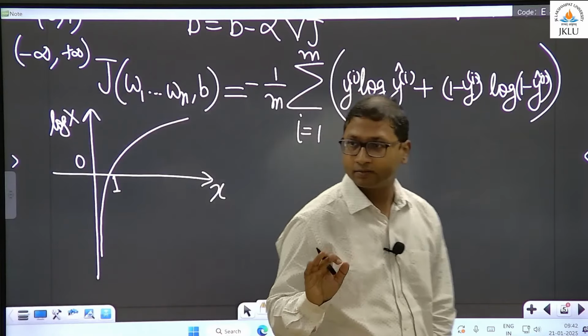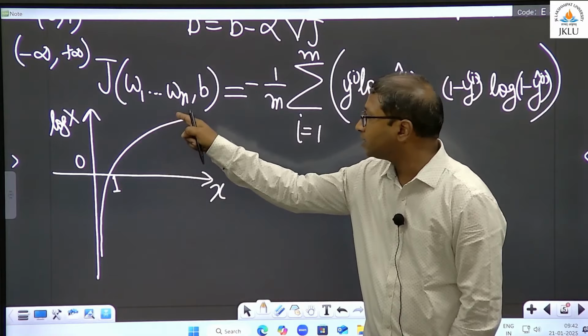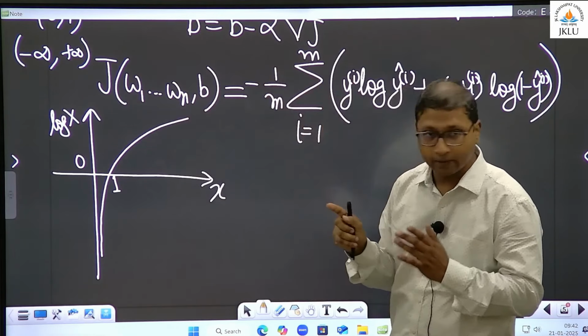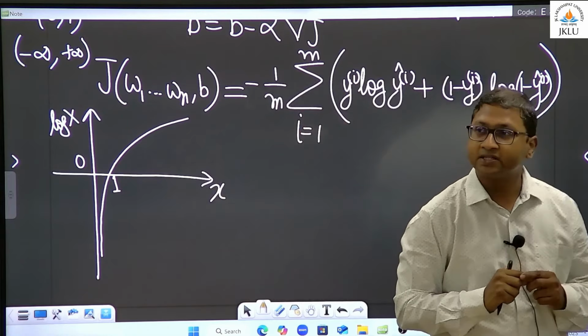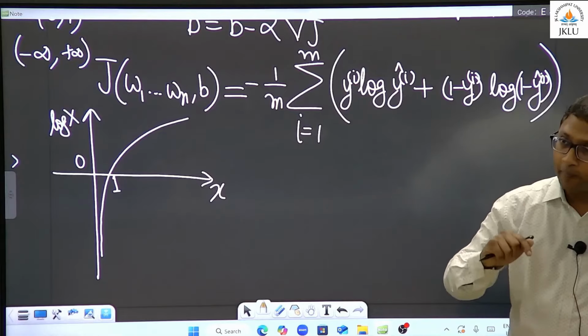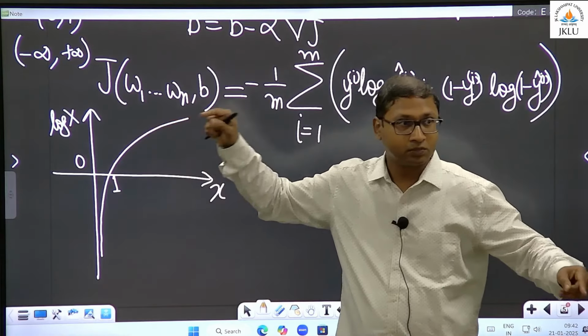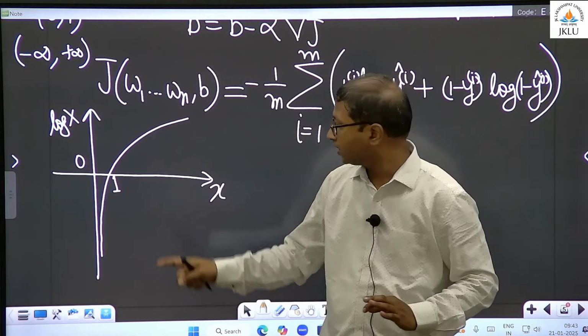Log 1 is 0, okay? And then log does not increase that much. Now if you see, between 0 and 1, log has travelled from minus infinity to 0, right? So here it has travelled a lot of distance.